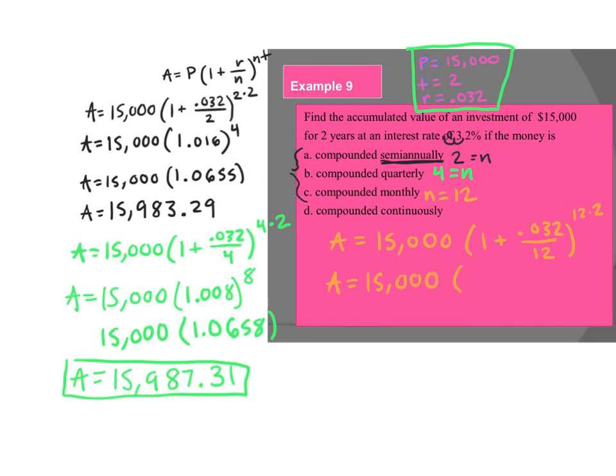So the first thing we have to do is 0.032 divided by 12 plus 1. So this becomes 1.0026 repeating, and then raised to the power of 24.